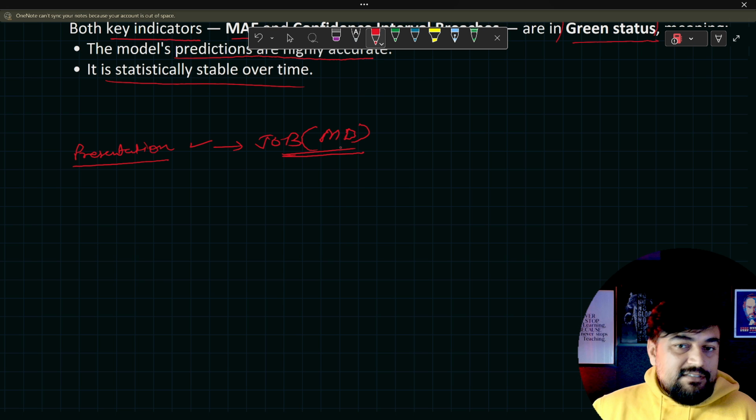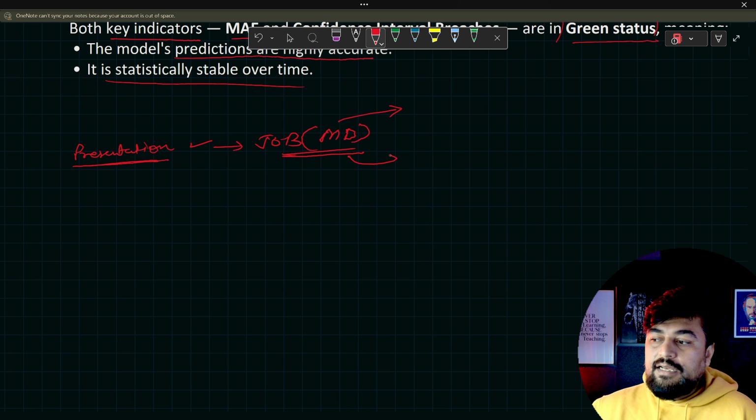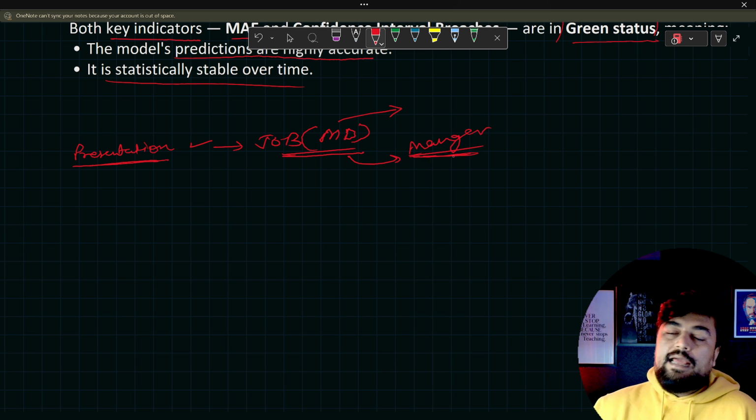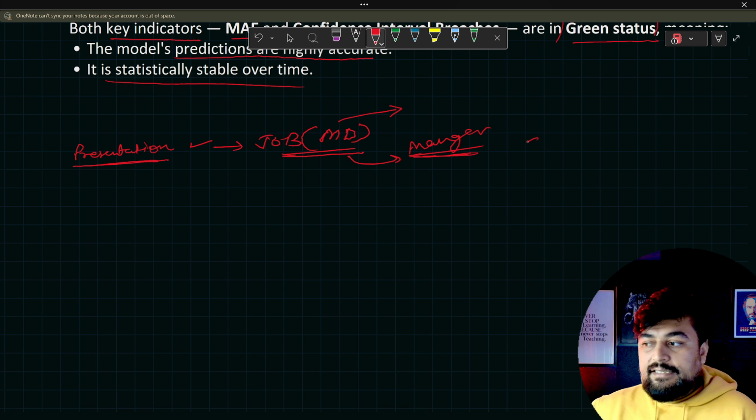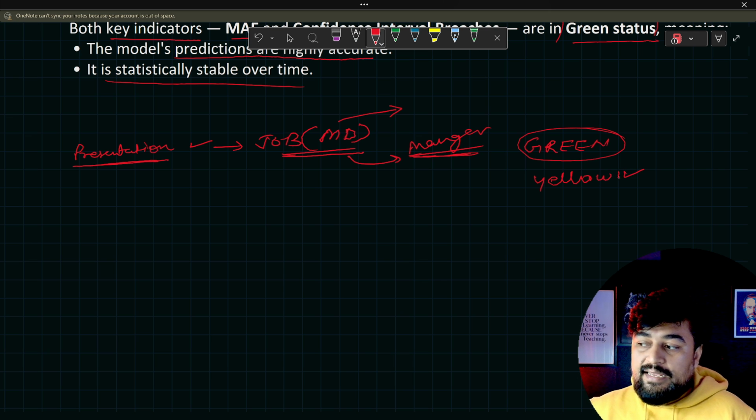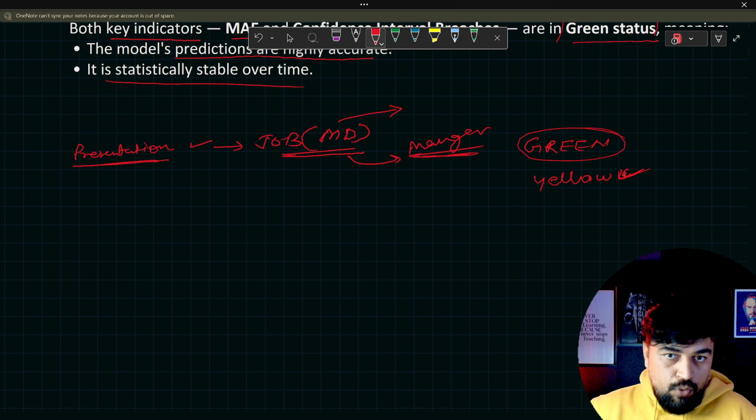Sometimes in an individual contributor role, you will not get a model developer. Sometimes this presentation work is done by the model development team manager. They will show it to the clients. And if the status is green, you don't need to be worried. But if your status is, let's say, yellow, you need to re-investigate your model.